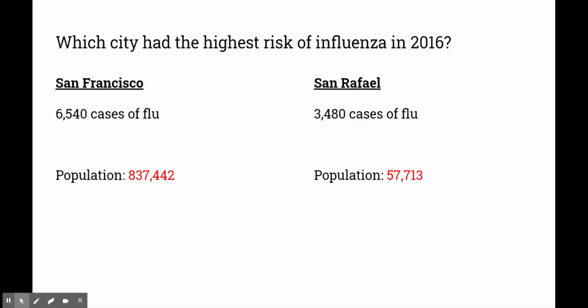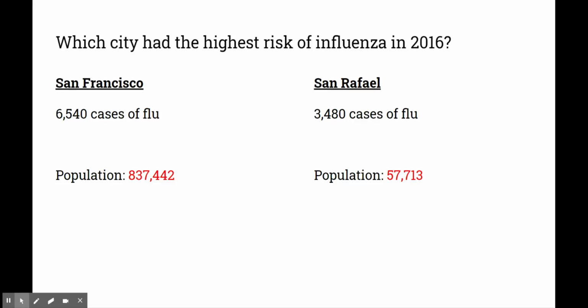So when you're dealing with an infectious disease outbreak, it's just a natural product of the fact that there are more people. You're probably going to end up getting just more cases because there's just more people. So if you just look at the raw case numbers, you're essentially, in a way, measuring also the size of the population. So it's not really a fair comparison to say, well, San Francisco has a way worse flu season, but it's just a higher number in part because their population is a lot bigger.